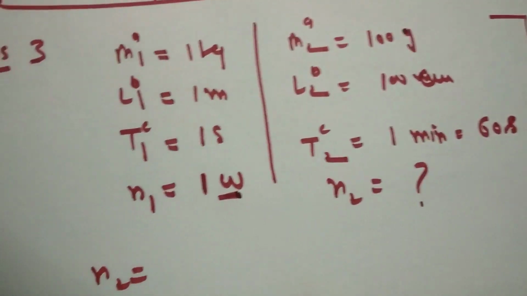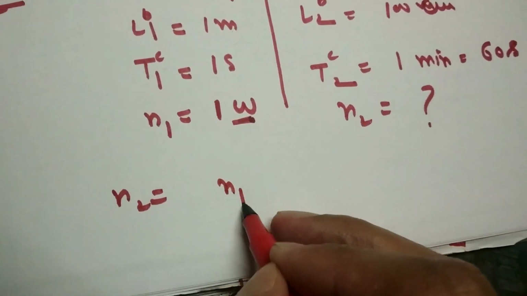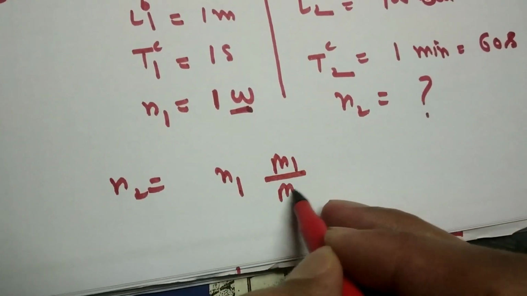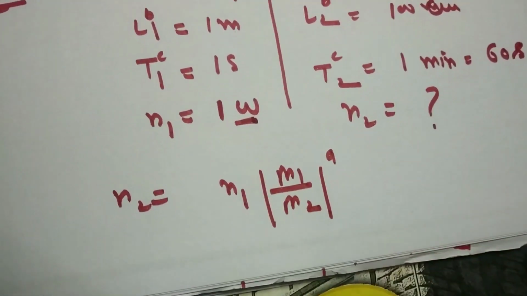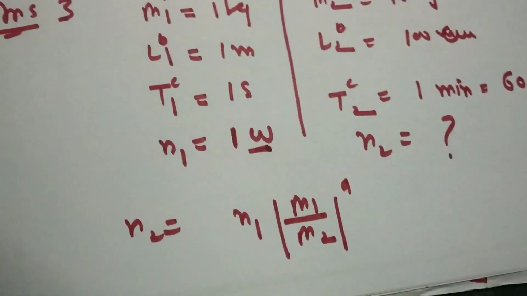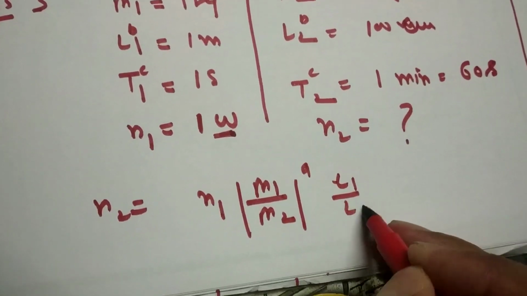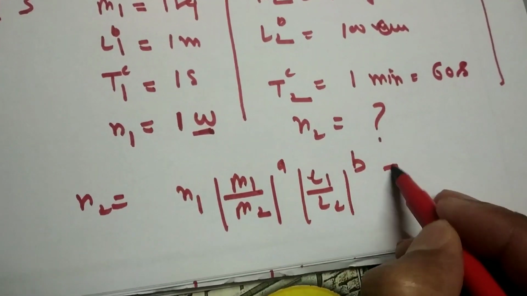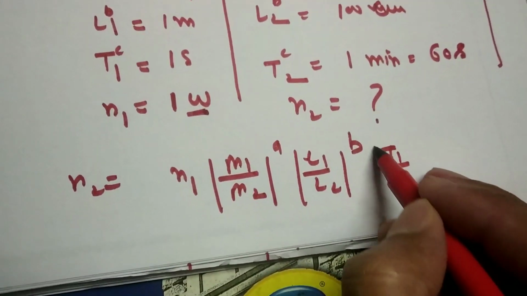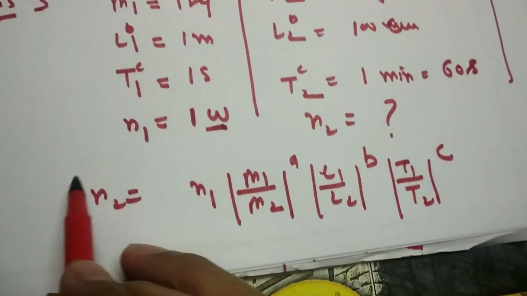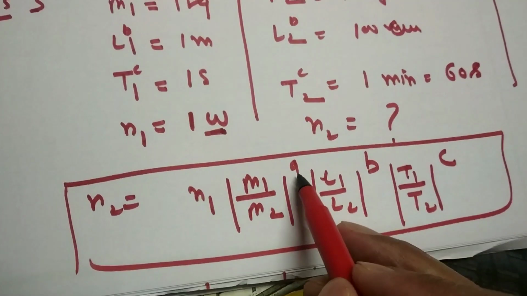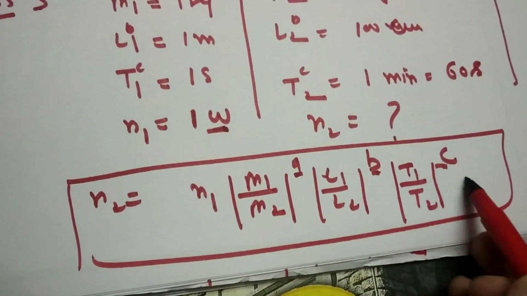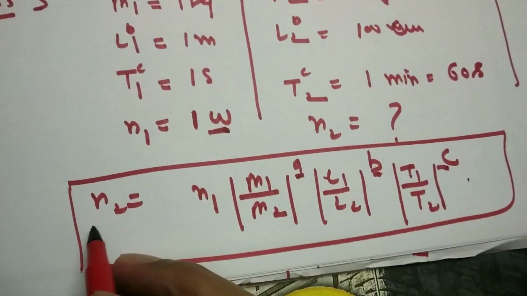N2 equals N1 into M1 by M2 to the power a, L1 by L2 to the power b, T1 by T2 to the power c. Now we compare the dimensions of power with a, b, c, put in these values and find the value of N2.